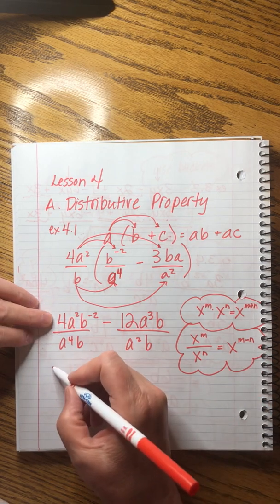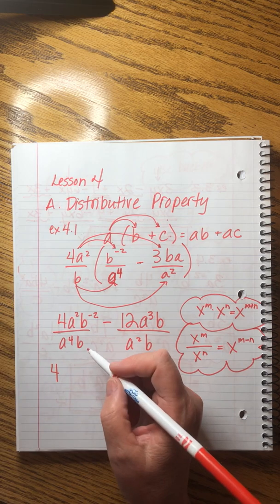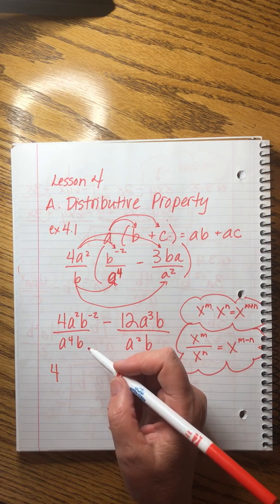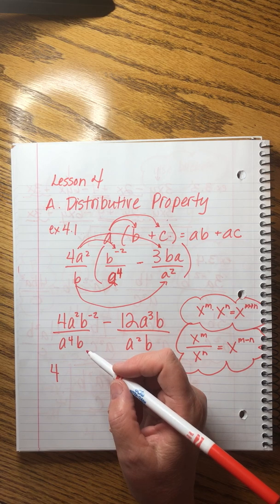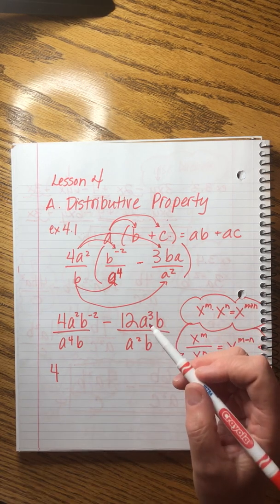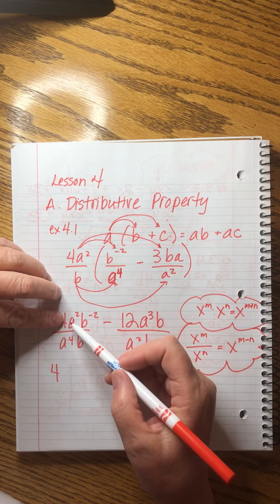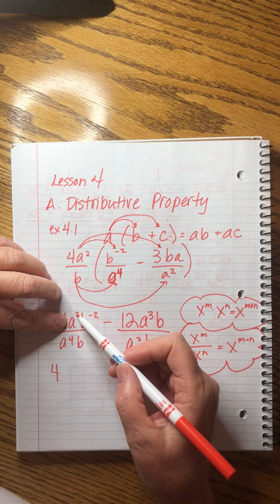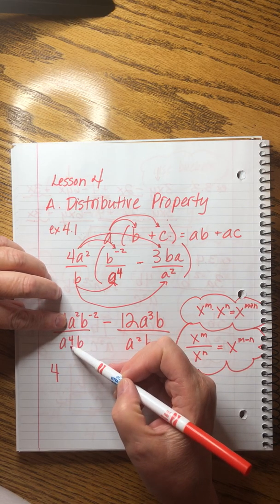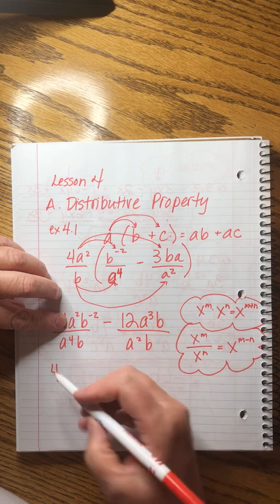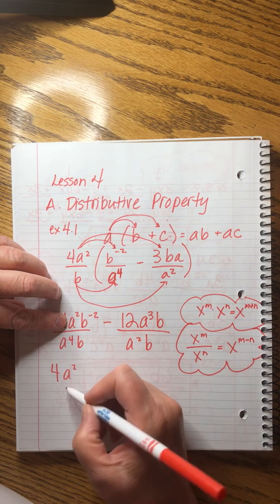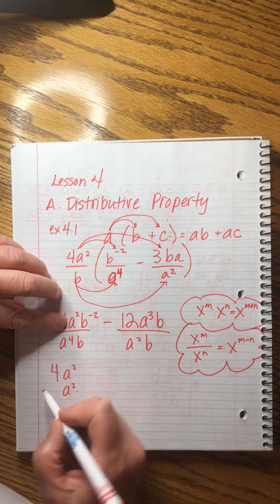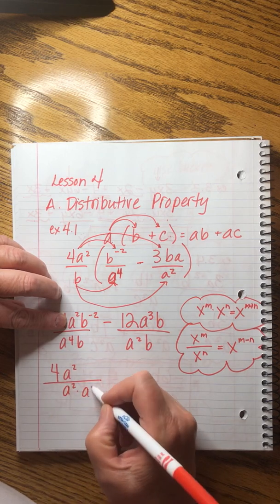All right, so the first term is going to be 4. This is how I like to write it. We have a squared over a to the 4th. The way my brain sees that is like this.